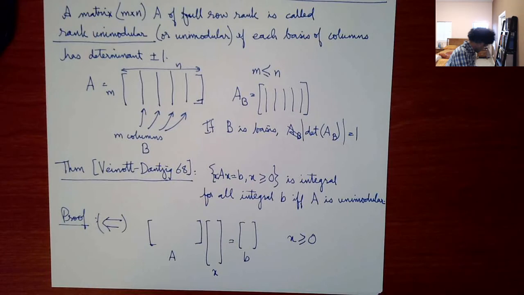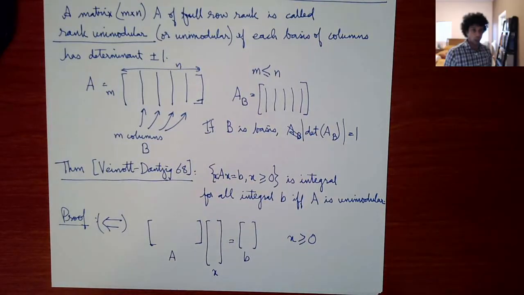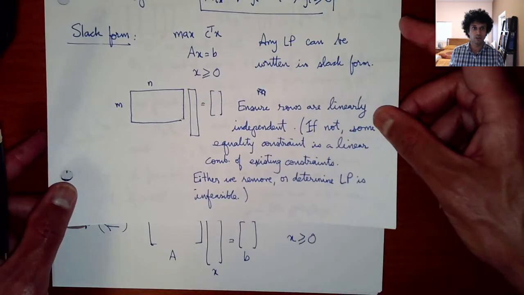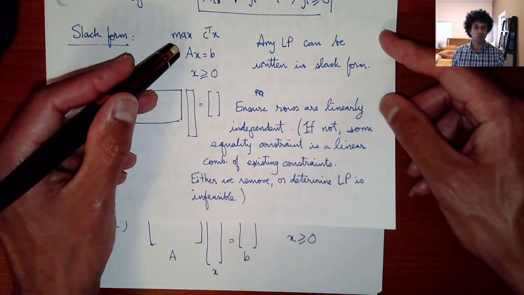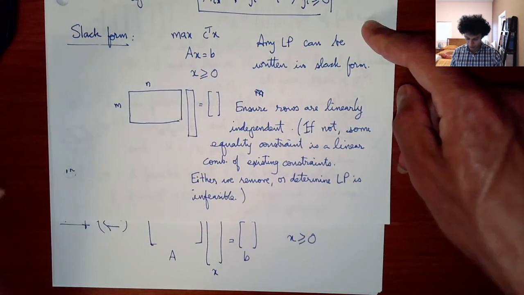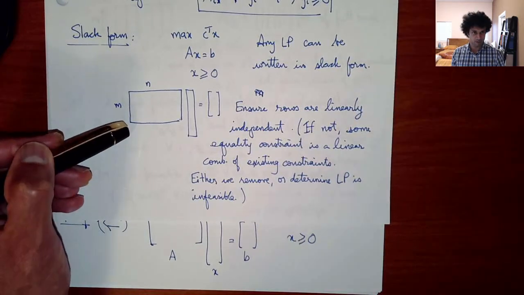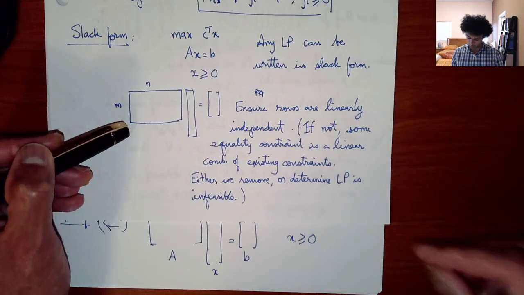I'm just going to recall from our discussion of solving LPs, we had defined this notion of a slack form, which was Ax equal to b, x greater than or equal to 0, which is exactly what we had. We had the rows being linearly independent, so now we have a matrix of full row rank.